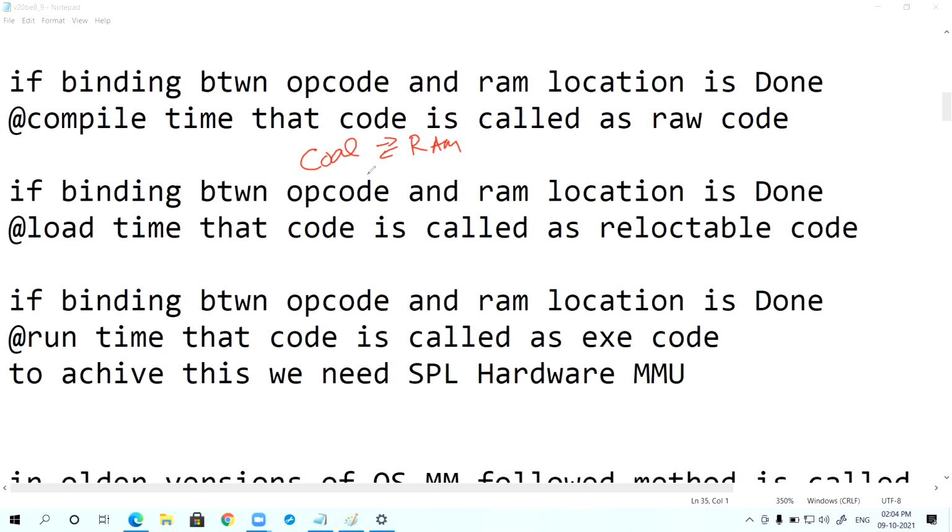One is compile time binding, another is load time binding, and another is runtime binding. If at the time of compilation only, when the opcodes are generated by the compiler, the binding happens, meaning this opcode needs to go and sit into this location, then such code is called raw code.